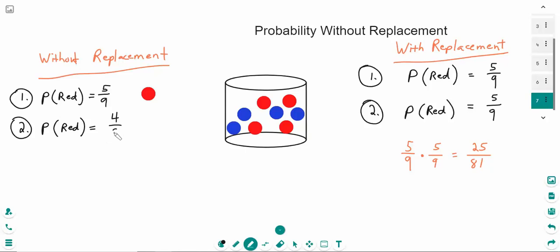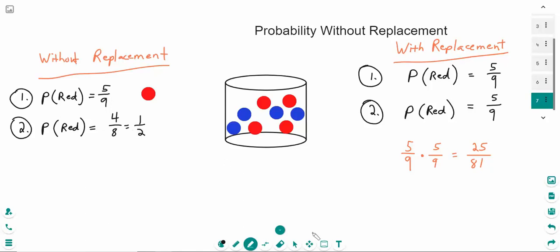So it's 4 out of 8, which can be reduced to 1/2. So I have a 50-50 shot at this point of selecting a red marble, which is very different than the 5/9 probability before. I had a better than 50% shot the first time. Now I only have a 50% shot of getting that red marble.